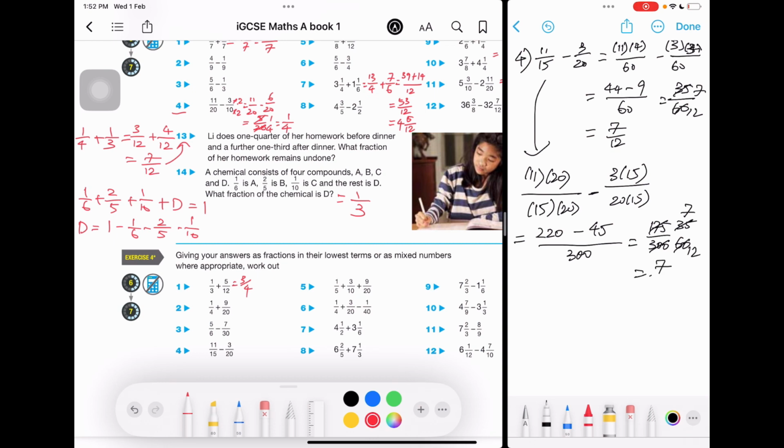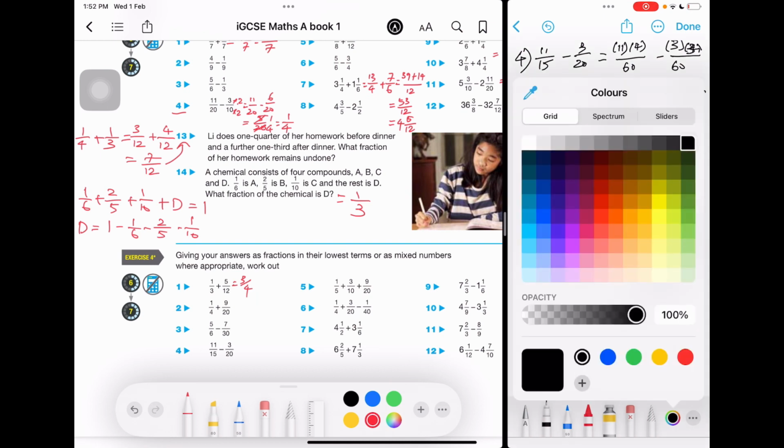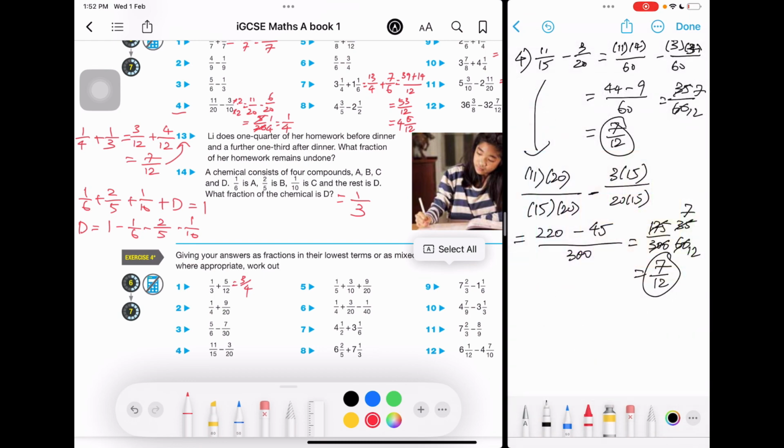So essentially, you will get the same answer of 7 over 12, regardless of which denominator you choose to work with. Alright, so number 4 will be 7 over 12. Alright, so let's move on.